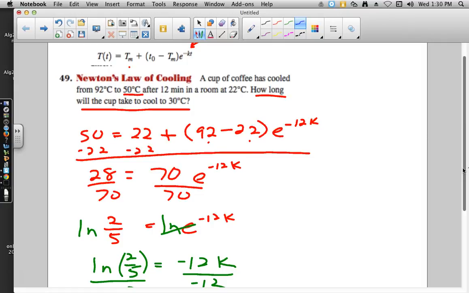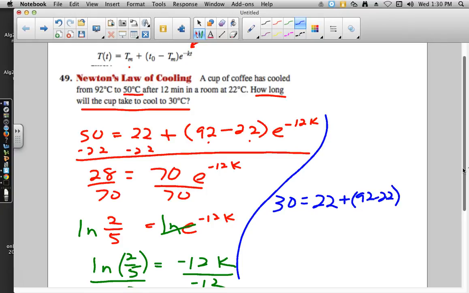So now we want to know how long will it take it to get to be 30 degrees. So starting over with 30 degrees as the result, the room temperature is still going to be 22, and we still have 92 minus 22 in the parentheses. But now we do know what we have for K, and that would be e to the... I'm going to have real trouble squishing that in here.